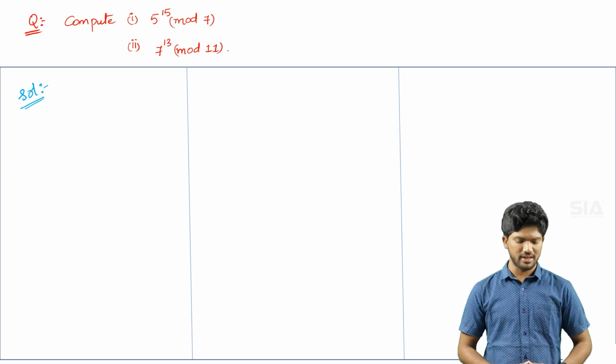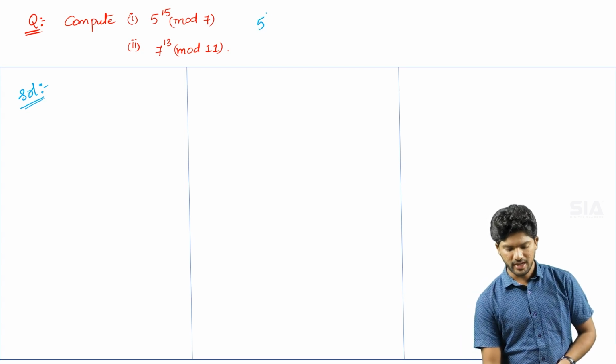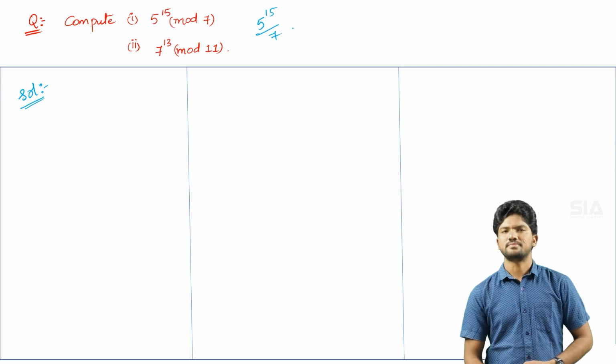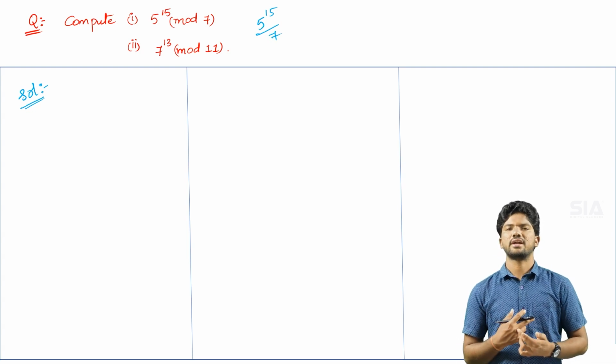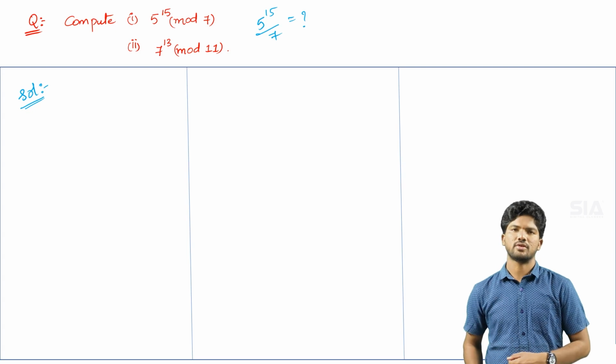What is the meaning first of all? We have to find out the remainder when 5 power 15 is divided by 7. That is the first problem.